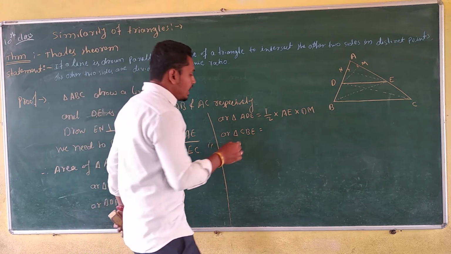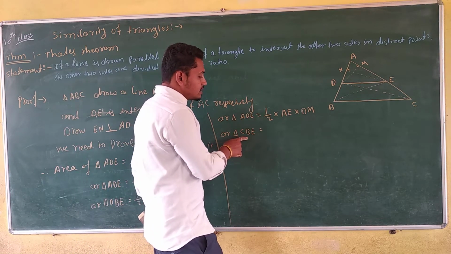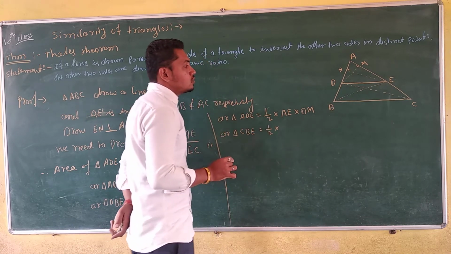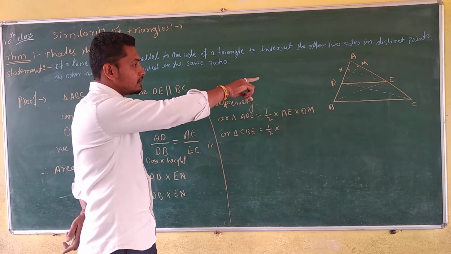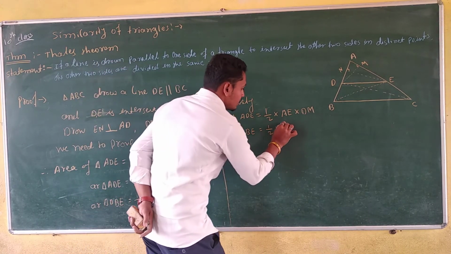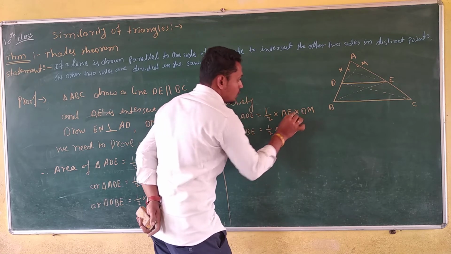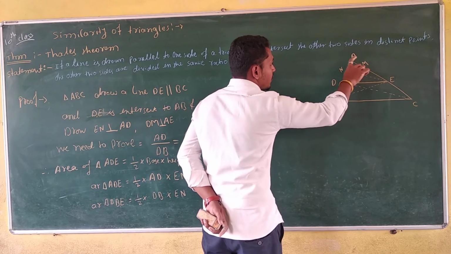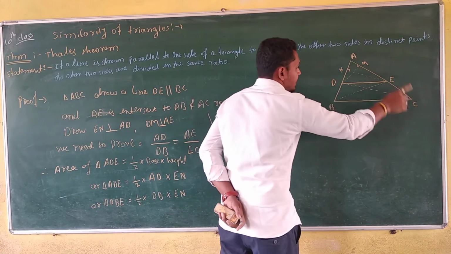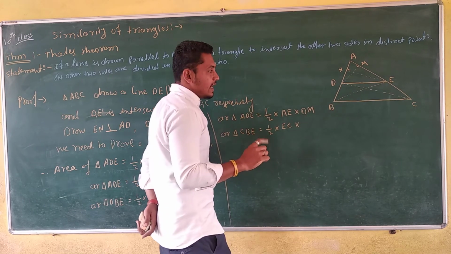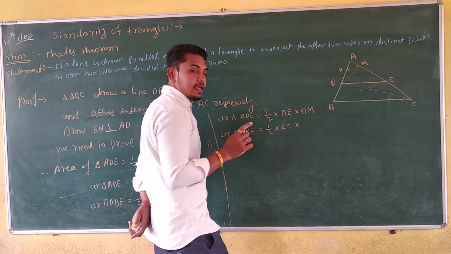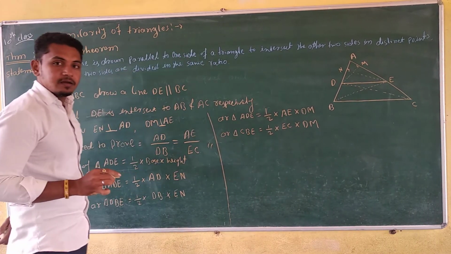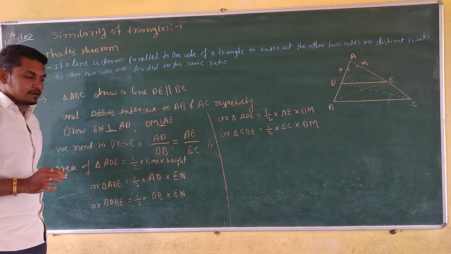So 1 divided by 2 into, now I have to take the base as EC, into the height, which is also the same. DM is perpendicular to AE as well as AC and EC. So that's why the height of triangle CBE is DM. Is it right?